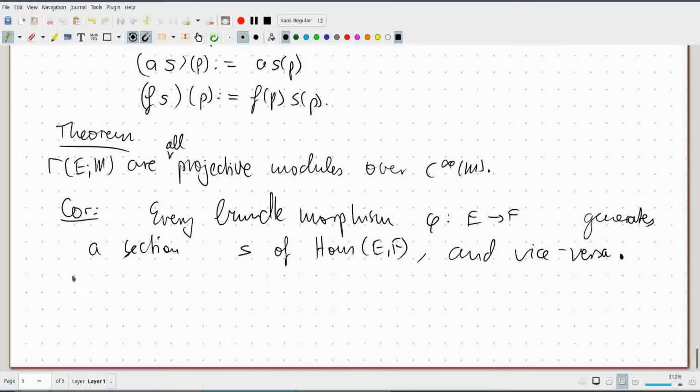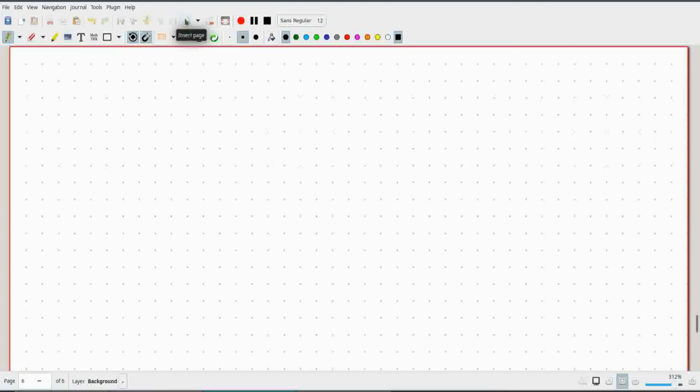And yeah, the last construction I need to cover is the construction of pullback bundles, which I guess started this whole endeavor.